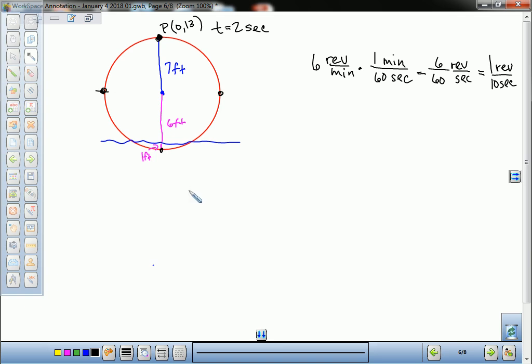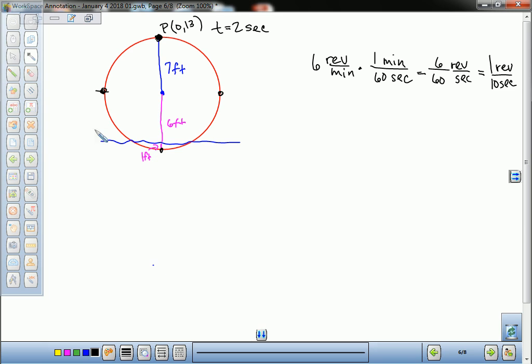Yes, I sure can. If this point occurred 2 seconds after we started this stopwatch, but it takes 10 seconds to go completely around to get back to here, how many seconds did I divide this up into? 2.5. Very good. So between here and here is 2.5 seconds.